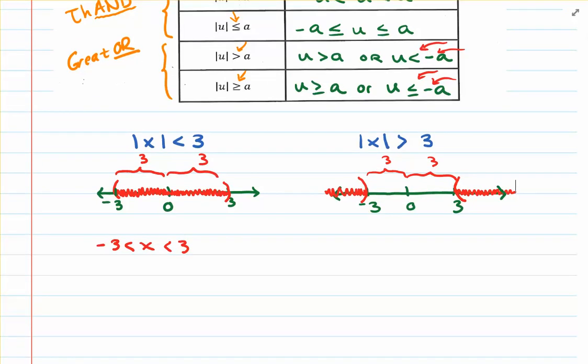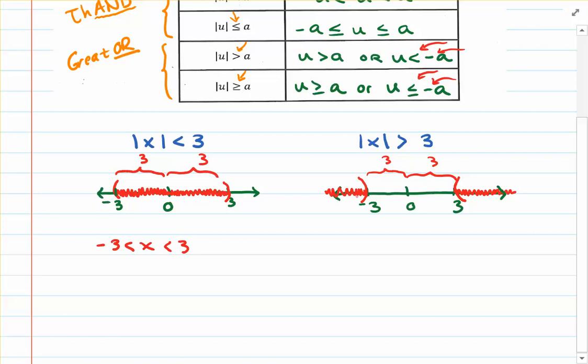Now I'll make the connection between why or how the absolute value of an expression u greater than some positive number a breaks up into the OR compound inequality. Let's look at the number line again. Because there are two different sections of this number line shaded, there are two different inequalities that we could represent these parts of the number line with.